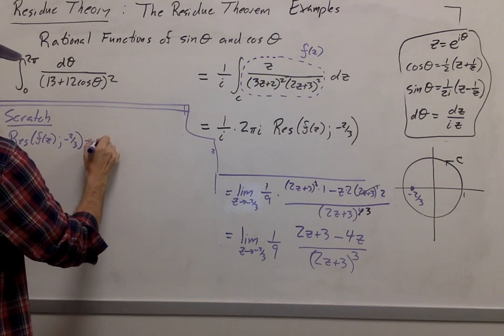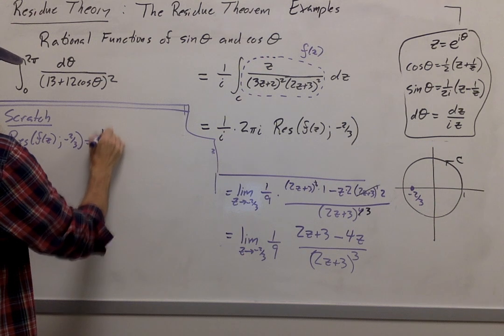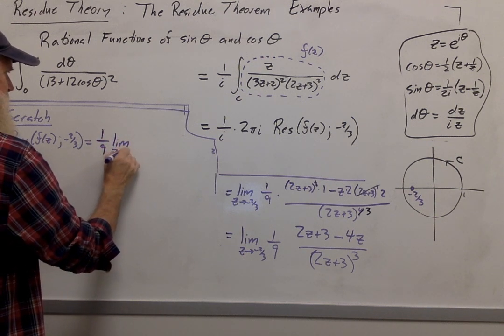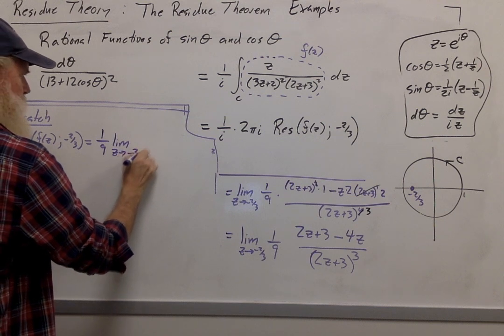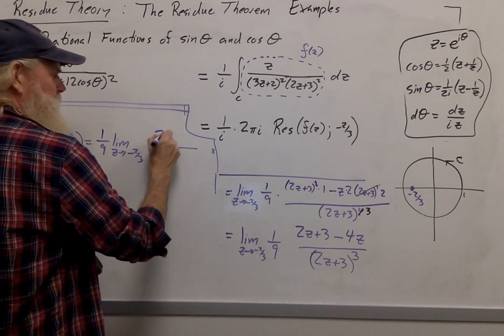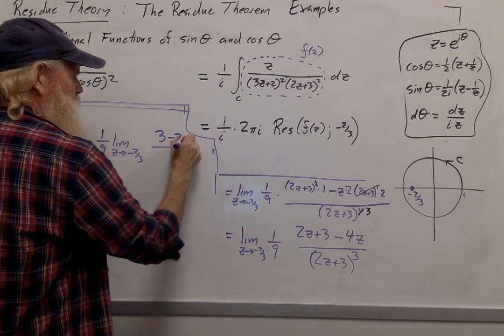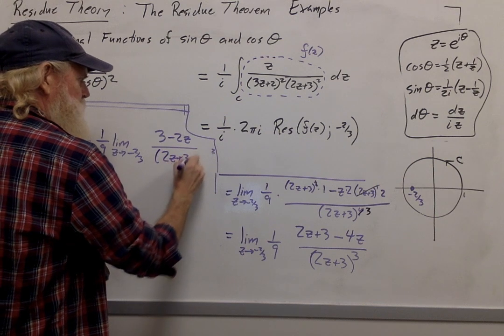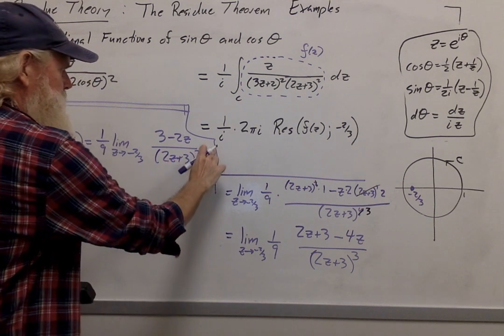Continuing, that'll give me 1/9 times the limit as z goes to negative 2/3 of, combining like terms on top, 3 minus 2z, and on the bottom, (2z + 3) cubed.